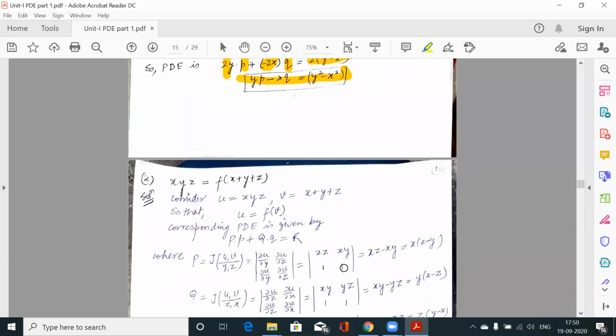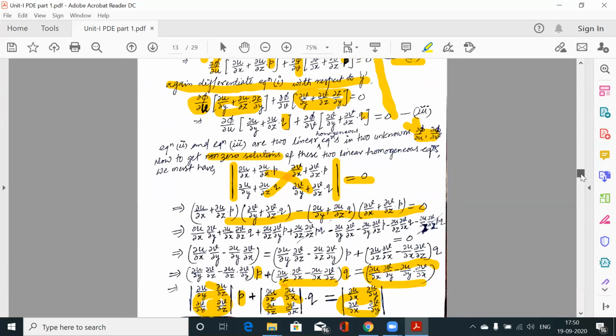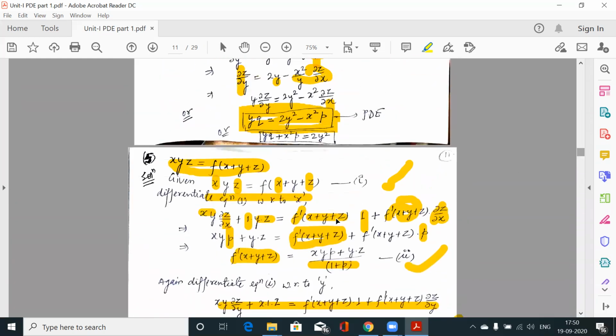So in every equation we need to do this. This question, if you remember, we solved using concept 2: xyz is equal to function of x plus y plus z. I think it is here. So don't panic because of concept 3. A lot of concepts are there.